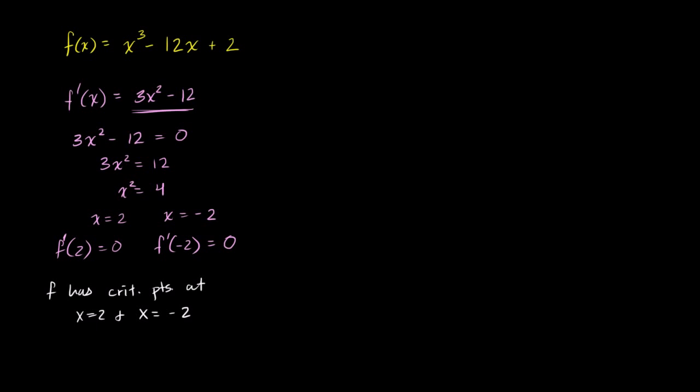So let's actually try to graph the derivative to think about this. So I'll draw an axis right over here. I'll do it down here, because maybe we can use that information later on to graph f of x. So let's say this is my x-axis. This is my y-axis.